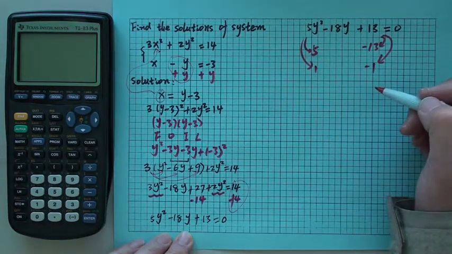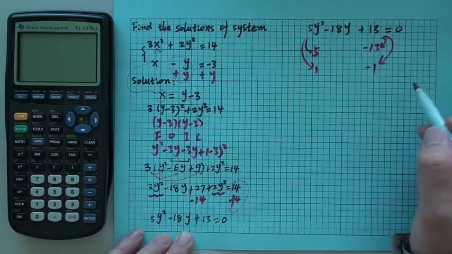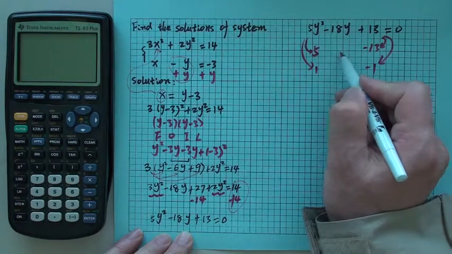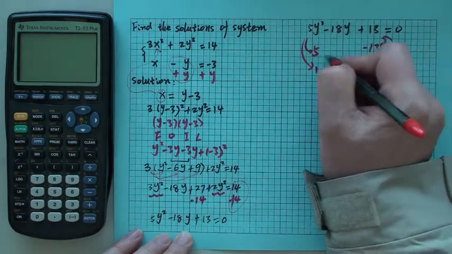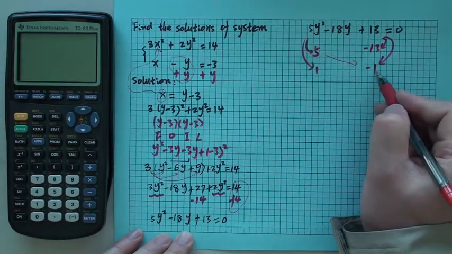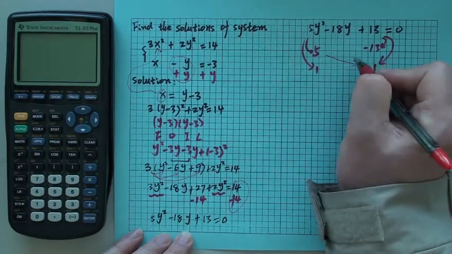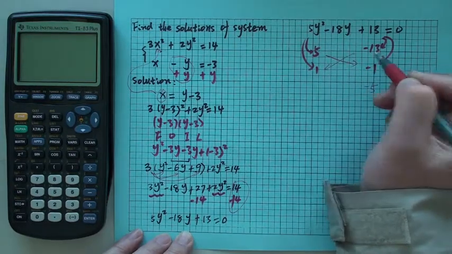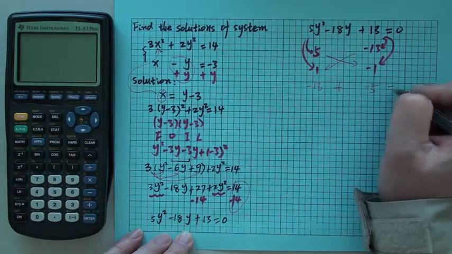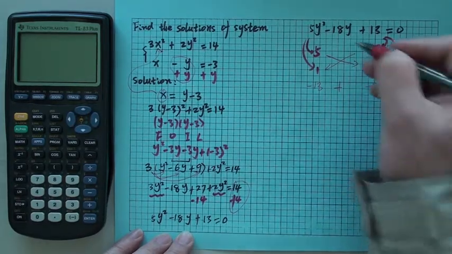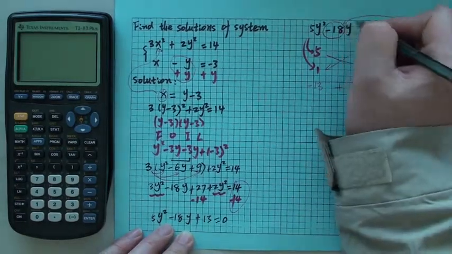Now after you split, you have to check. How to check: 5 times negative 1 is negative 5, and negative 13 times 1 is negative 13. If you add those two together, it is negative 18, which is the one right here, then you know you did the correct splitting.